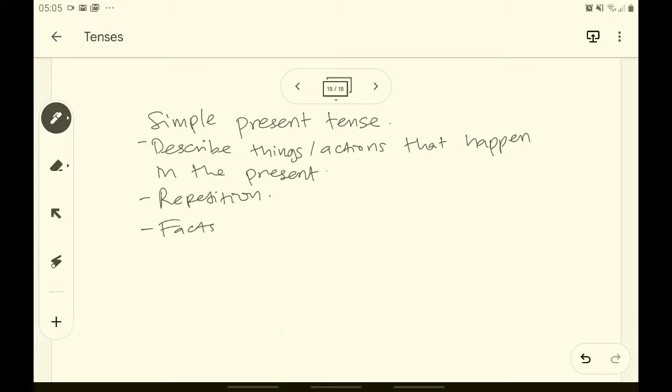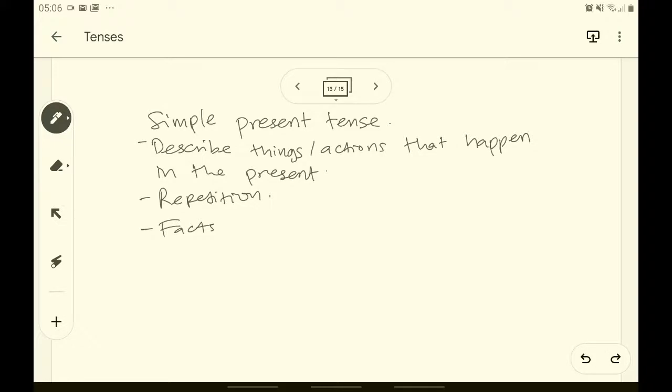If it's a fact, then you cannot change it, right? For example, you can say the sun rises from the east. The sun always rises from the east. The sun has never ever risen from the west, right? So that is a fact. When you are talking about facts, you are going to use simple present tense.